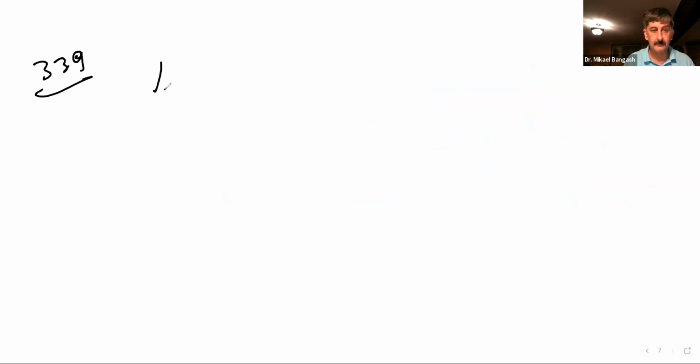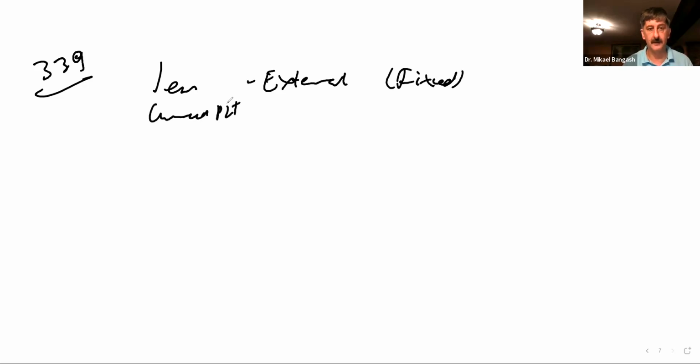Now we say lens, which was already called external, but it's still fixed. We said curved crystal, or PZT as we may call it, that is what we call internal focusing, but this was still fixed. Then you see option C is fixed.